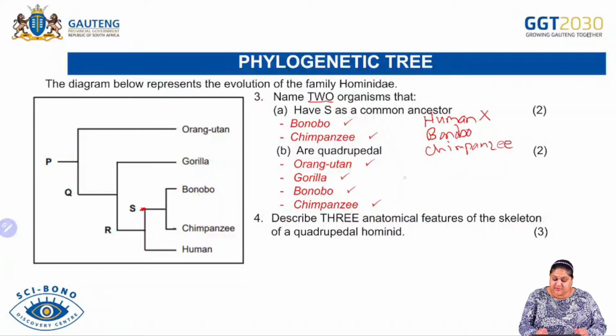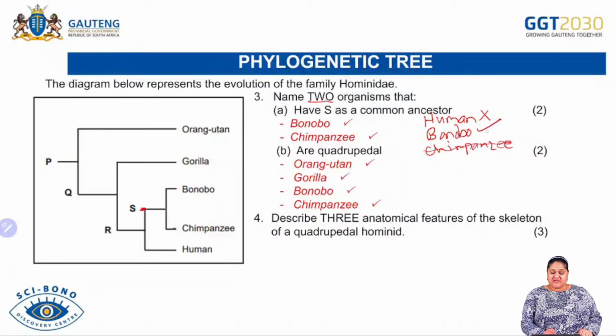You wouldn't get the first mark. You would get bonobo, and you would not get this mark because we apply the principle of mark the first 2 only, because the question asked you for 2. That doesn't only go for phylogenetic trees and evolution, it goes for everything in life sciences. If they ask you for 2, then they're going to mark the first 2.